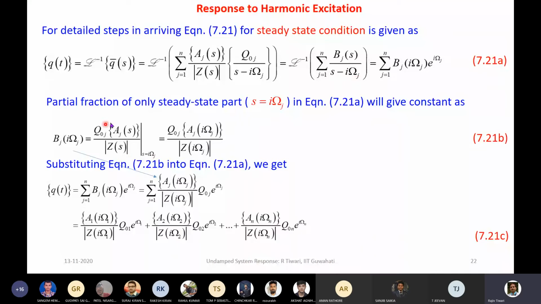So if we substitute that here, B j s will give us this quantity, which we can substitute in place of this B j here, and the inverse transform of 1 by s will be e raised to omega j. That is this. And now this can be expanded because these are n terms, so i equal to 1, j equal to 1, 2, n.